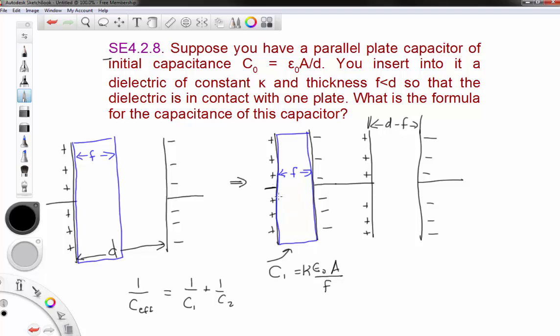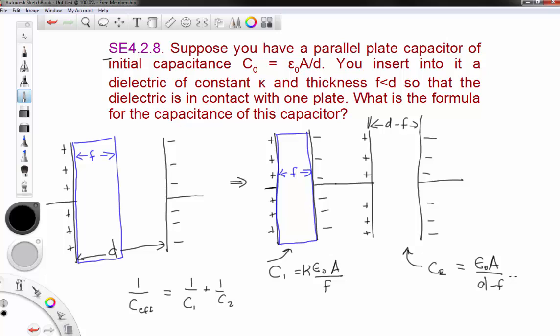So this is now effectively a capacitor that is filled with a dielectric. This right here is C2, and C2 has no dielectric in it, so it has a capacitance of epsilon naught times A divided by D minus F.